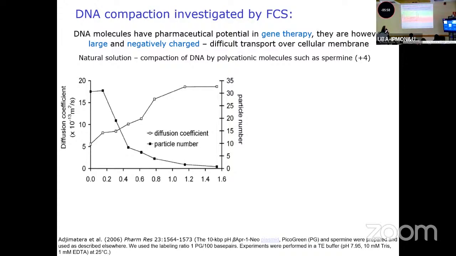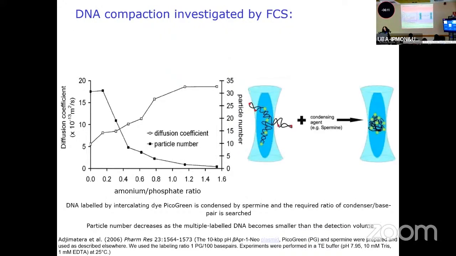So as a function of concentration of spermine, the DNA is being condensed, and the diffusion increases. So the DNA is labeled, I don't know if I have a picture of this, let me see, yes. So the DNA here is labeled with some dye, PicoGreen, and you'll see the DNA is very, very long. So the hydrodynamic radius of the DNA is big.